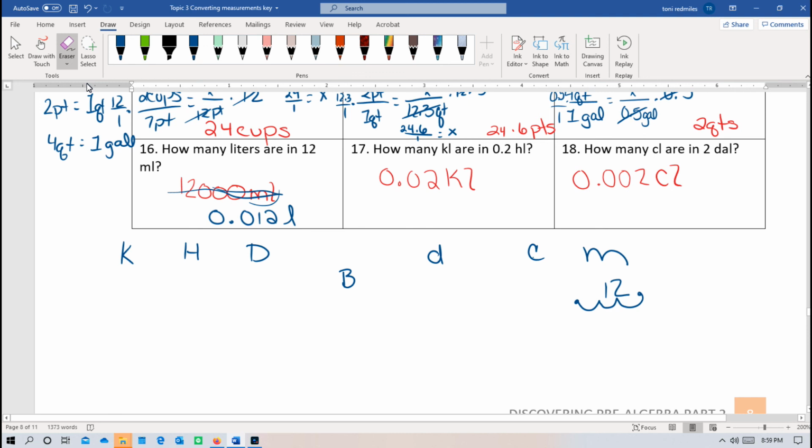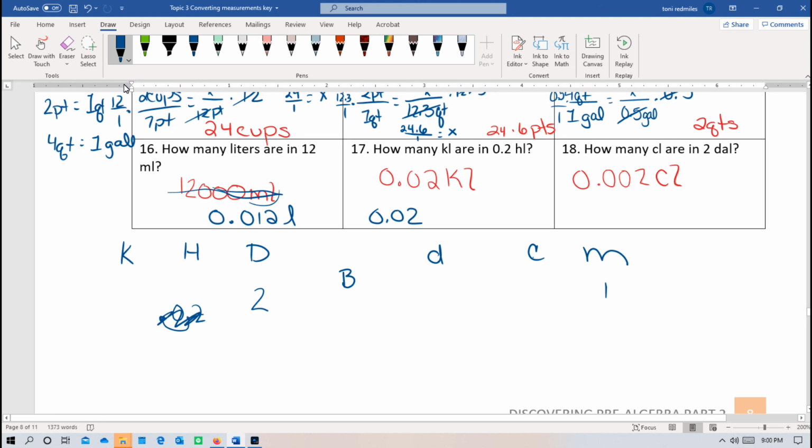All right, so in this one, how many kiloliters are in those hectoliters? So I'm at 0.2 hectoliters right here. I need to go over one place to get to the kiloliters, and that gives me 0.02. All right, how many kiloliters are in 2 decaliters? So this time, I'm right here, and I went the wrong direction again.